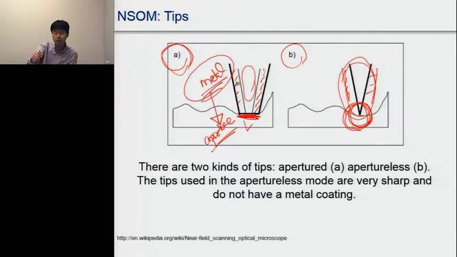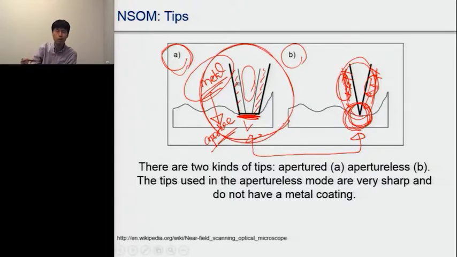But the thing is, without aperture structures, the feedback process becomes much more complicated. So in the final images, this type of tip is much easier to use, and this type of tip is the much more preferred method.